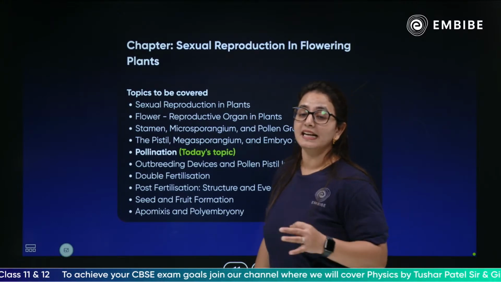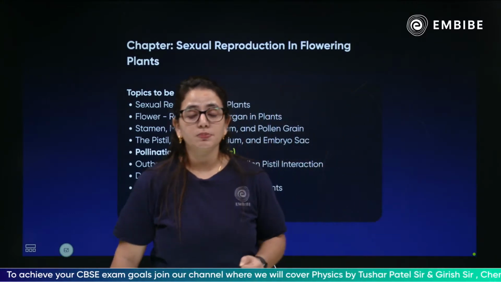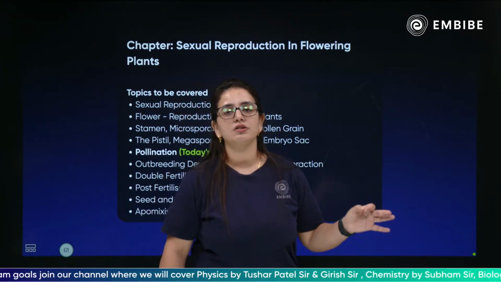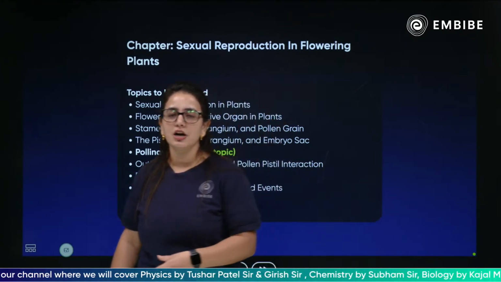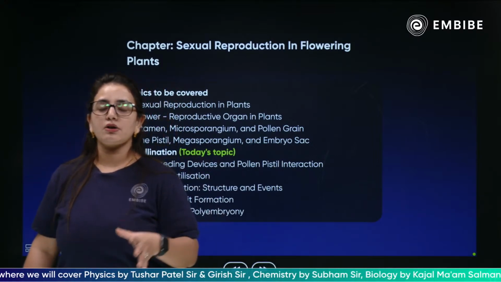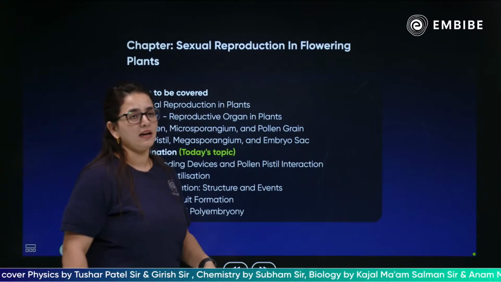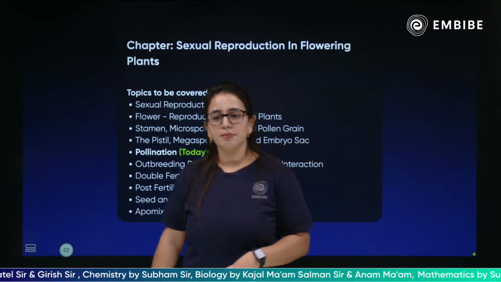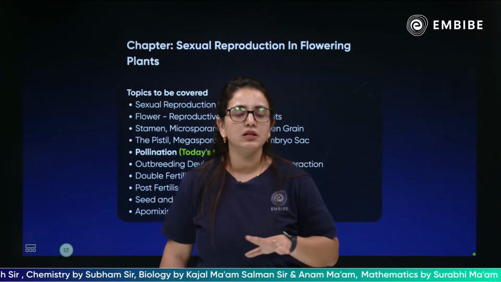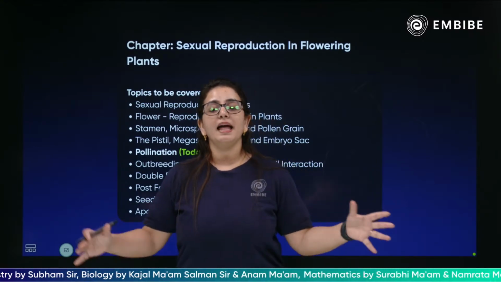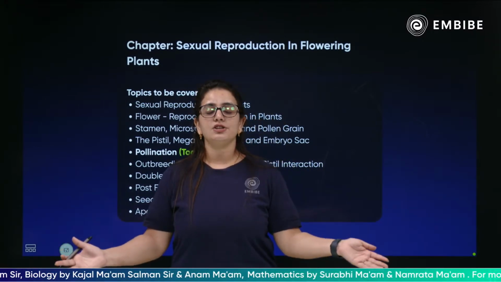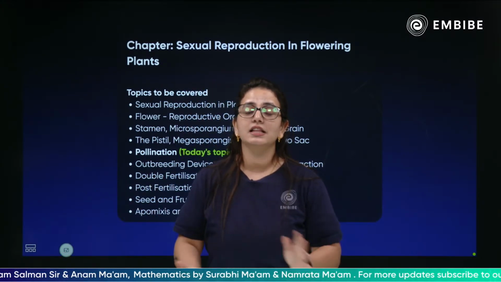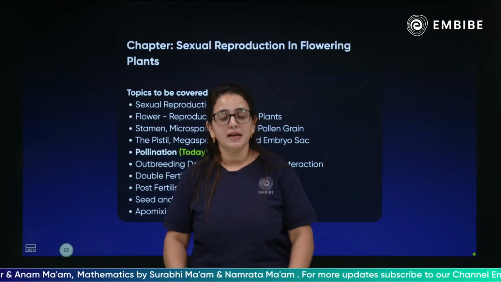We have discussed in detail the megasporangium and the microsporangium, their structure, megasporogenesis and microsporogenesis. In short, we have discussed the male and the female reproductive parts in detail in the respective sessions. If by any chance you have missed any session, you can always watch it in the post-Embibe classes on your dashboard.